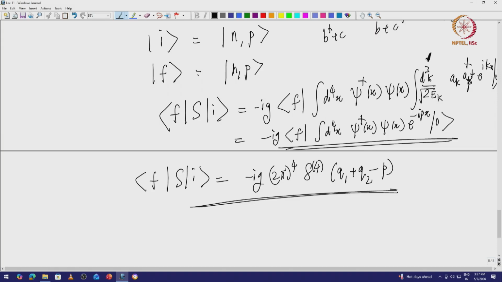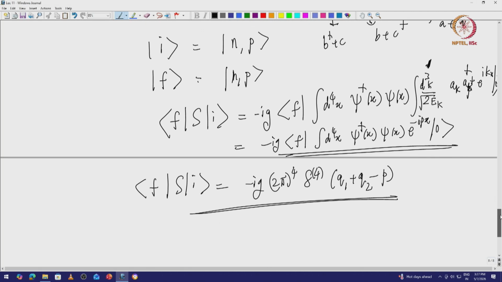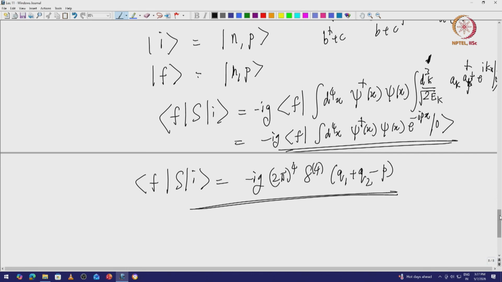So the first thing is that at the leading order, what we found is this amplitude which is just conserving the energy momentum, the 4 momentum conservation. And this just tells you that for, I don't know, a meson decaying to 2 nucleons, or a nucleon decaying, the momentum should be conserved. That is all it tells you.